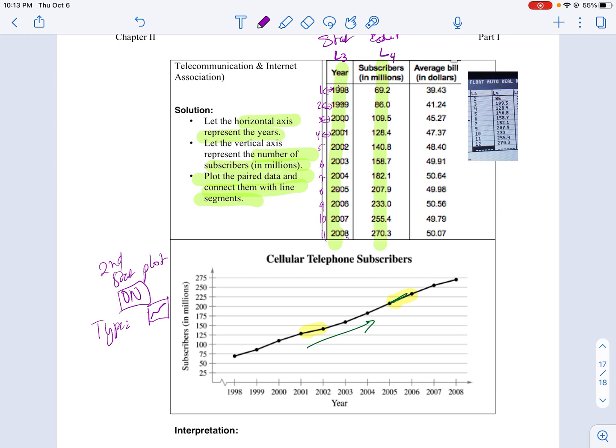Let me go see what's going on. L3, L4. Let me make sure that I don't have anything else on. Nope, that's it. Let me go to Zoom Stat.